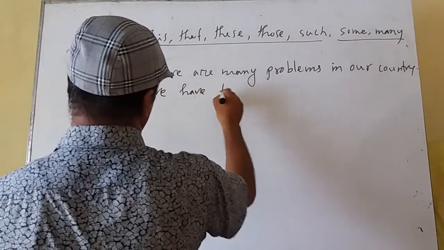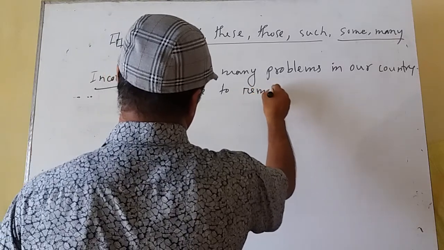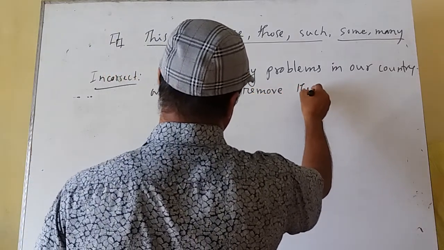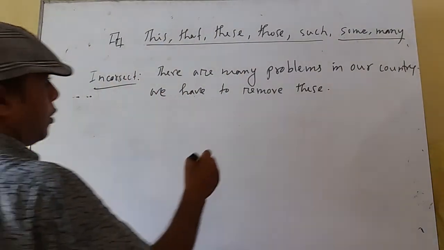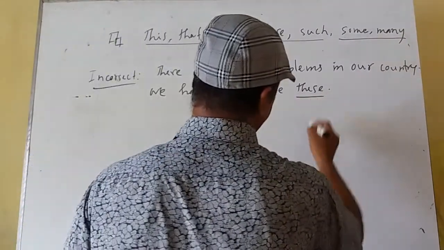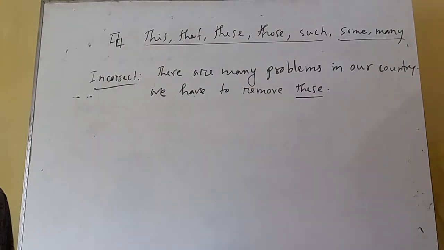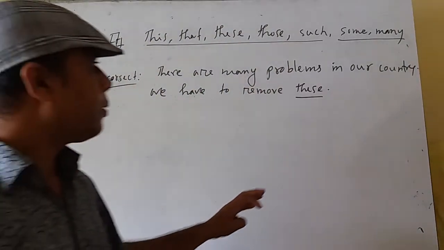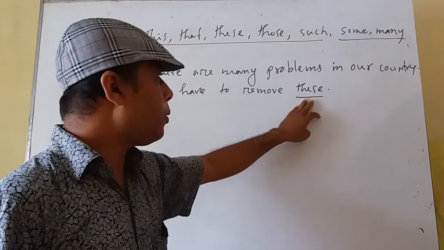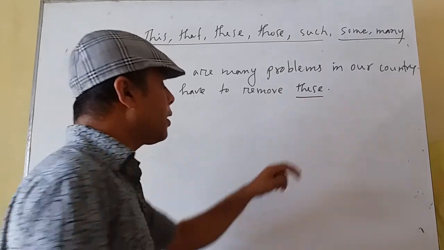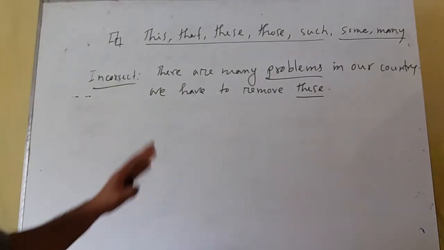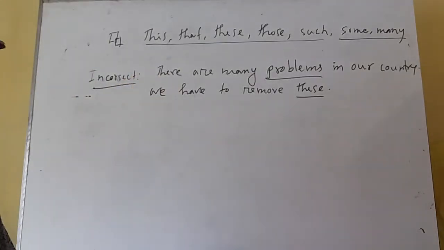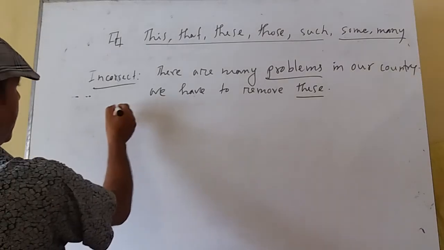Look here. This has been used alone without a noun. But this demonstrative pronoun means the noun problems. So how will we correct or clear it? You have to clear it.